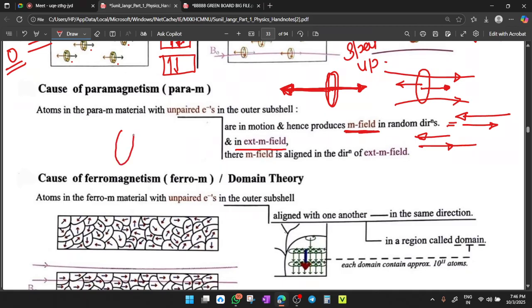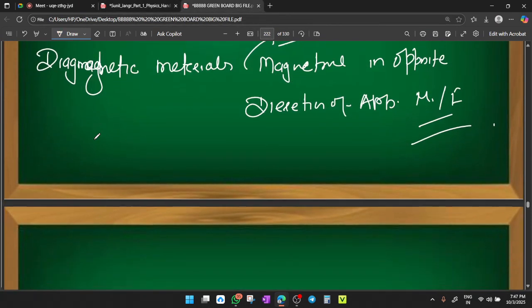See here, there is only one electron. When you apply a magnetic field, the magnetic moment of this electron aligns with the applied magnetic field. So they will produce a net magnetic moment in the direction of the magnetic field. So what is the change here? For diamagnetic, there is a feeble magnetism opposite to the direction of the applied magnetic field.